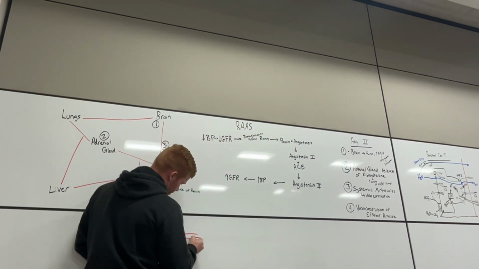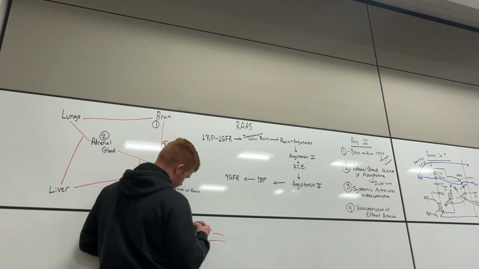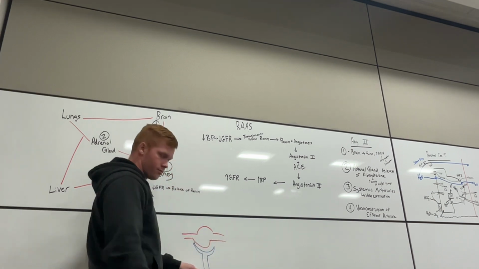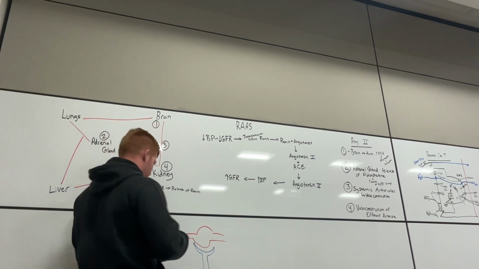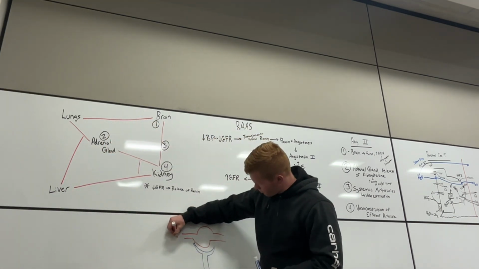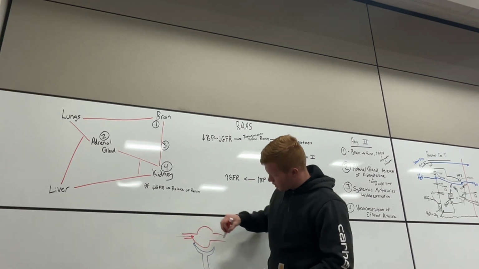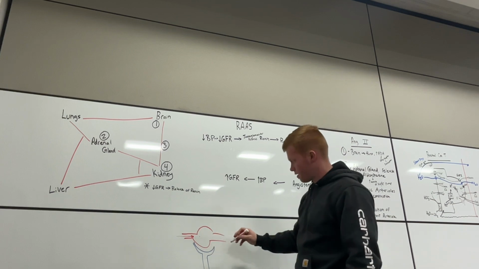We have the glomerulus, kind of an ugly drawing of one, but it's fine. We have our tubule. Barely see it, it's okay. We have blood coming from this way, from the afferent, entering here. When we have a low GFR, we want to increase the pressure in here.